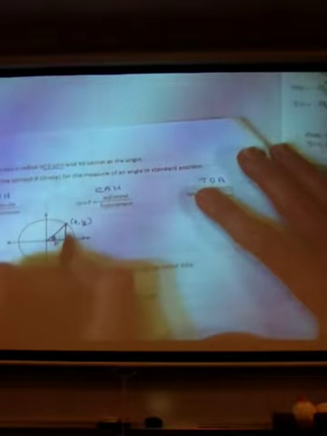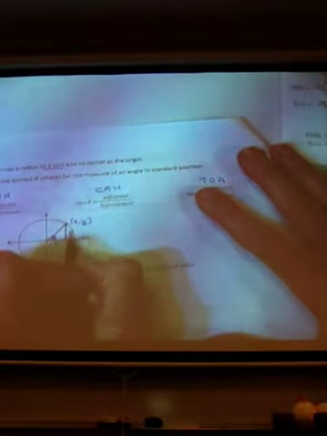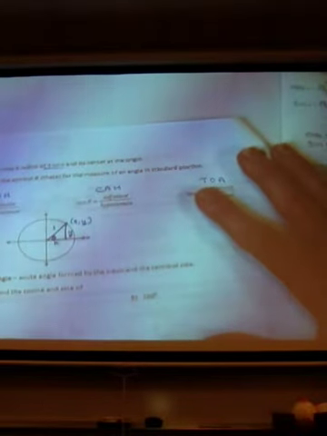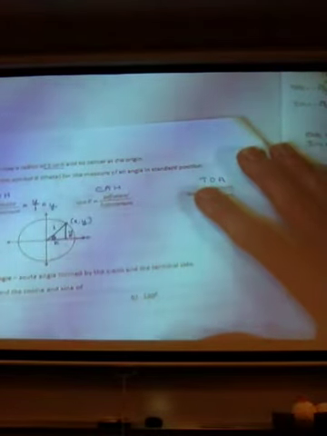This is x, this is y, this is 1. And this is (x, y). Now my opposite over hypotenuse is y over 1, so it is just y, because my hypotenuse is always going to be 1. So it's this ordered pair that is on the unit circle.